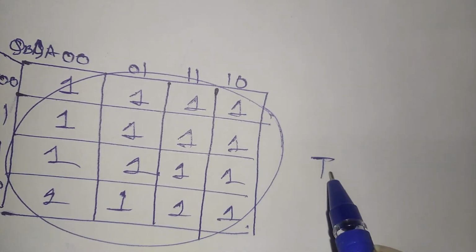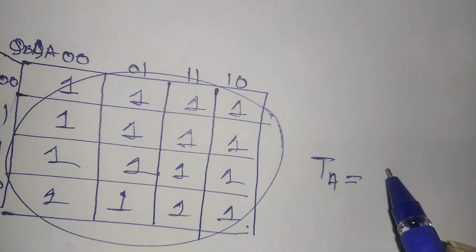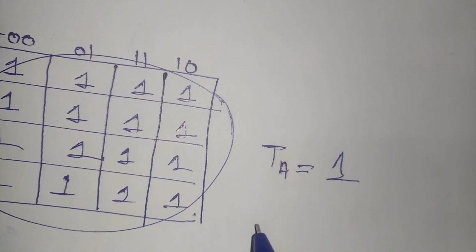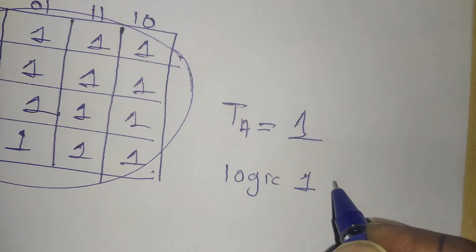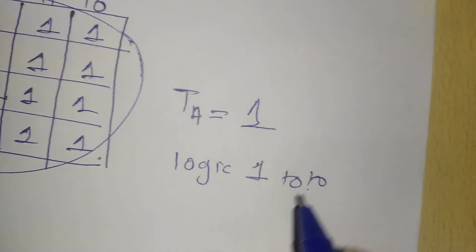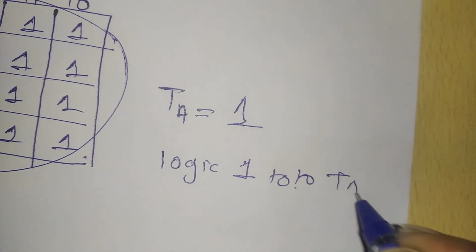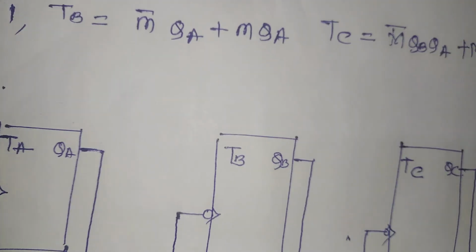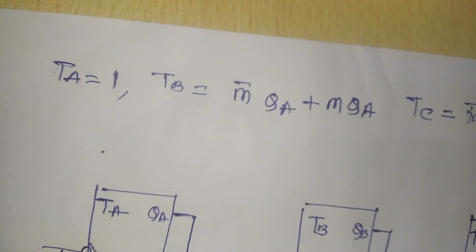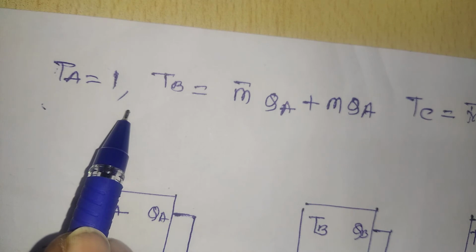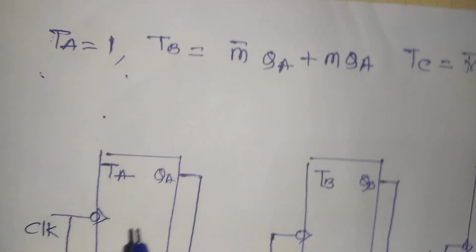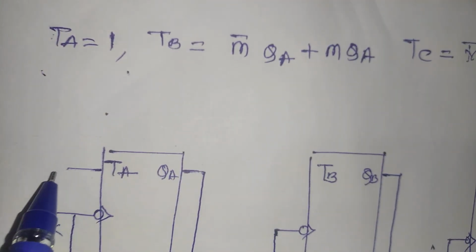So the equation for TA is equal to 1. It means that logic 1 is provided to TA. Now, you can see the equations. TA is equal to 1, so I am connecting TA to logic 1.